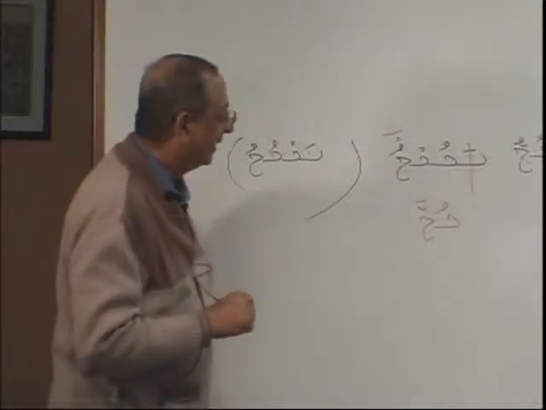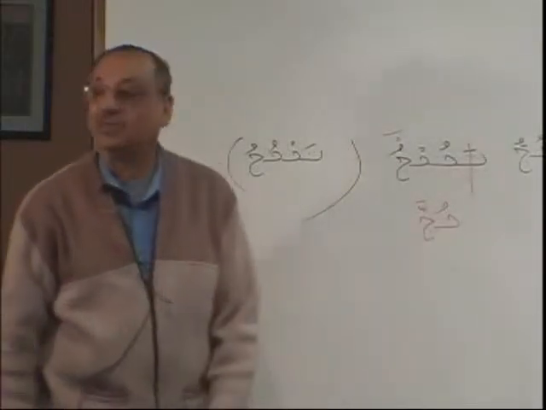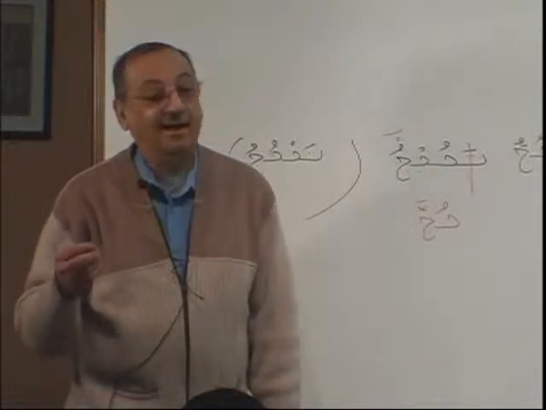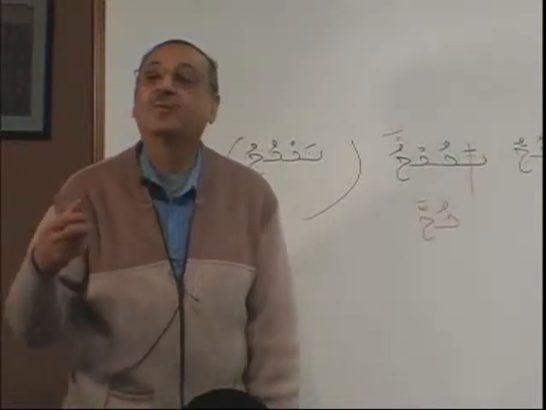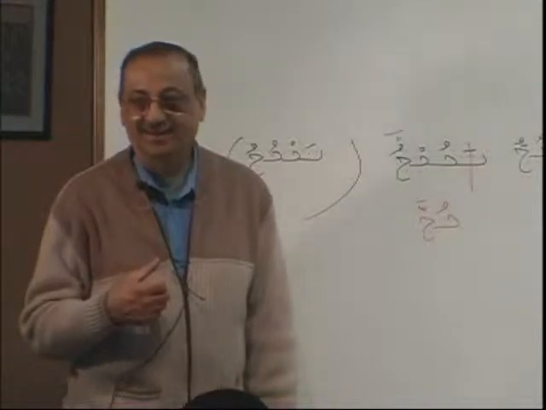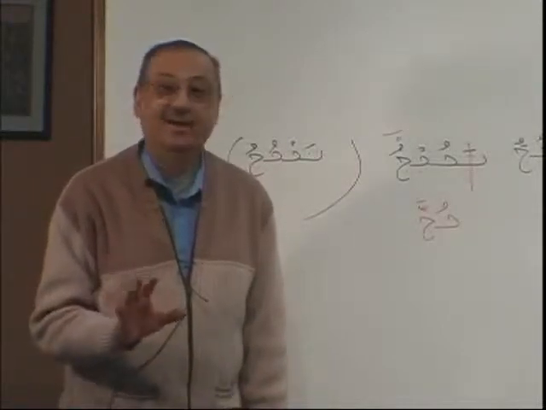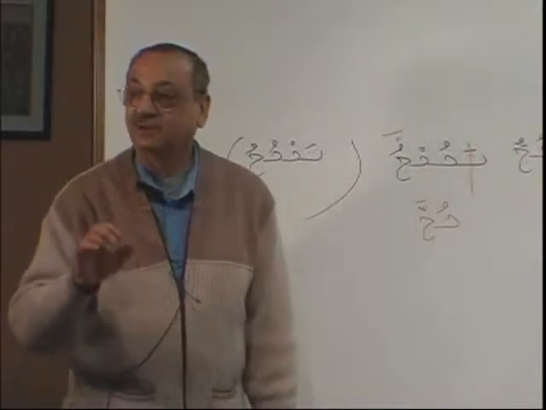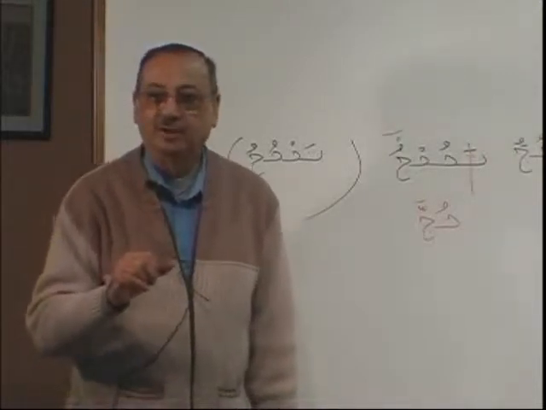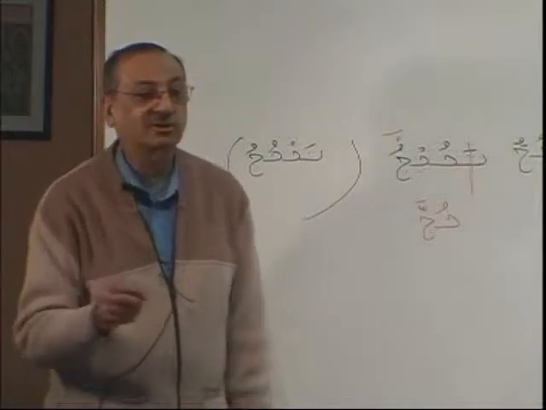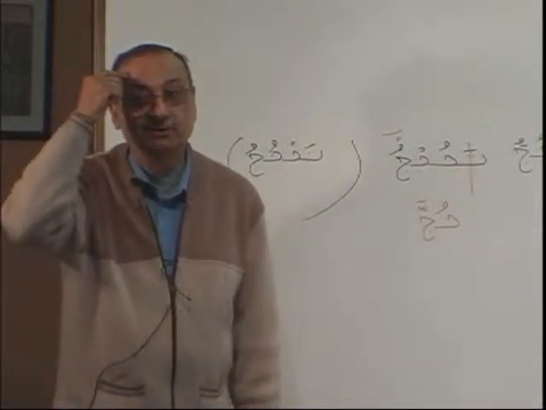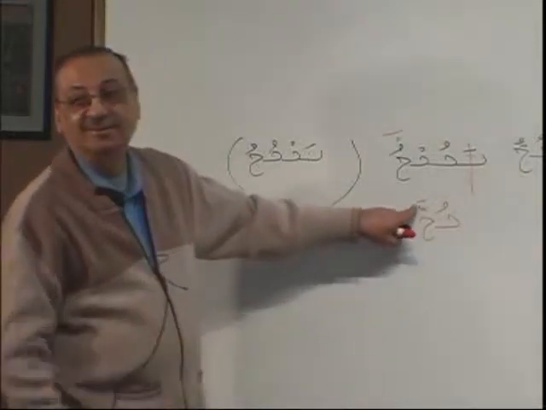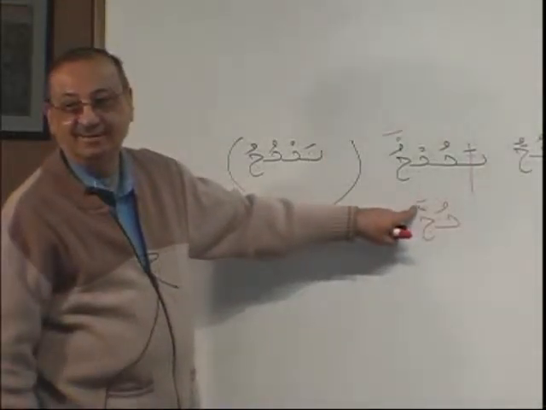So I will say fi'lu amrin mabniyyun ala as-sukun al-muqaddara. This is very important, and you will enjoy it, understand it, and love it. Your mind sees there is a sukun behind that.